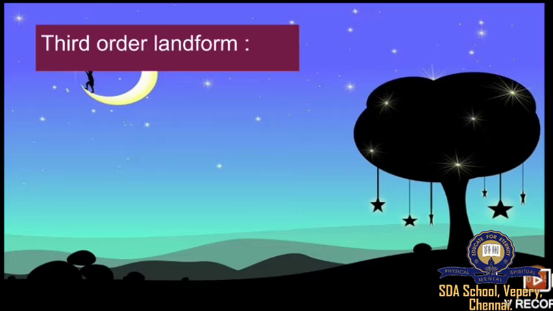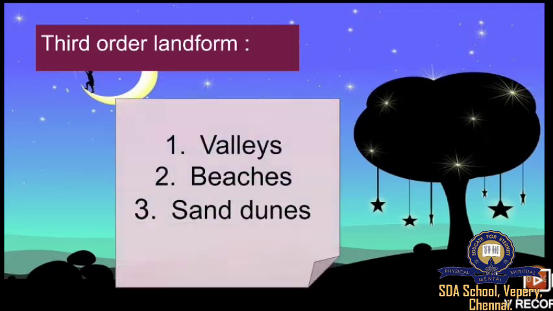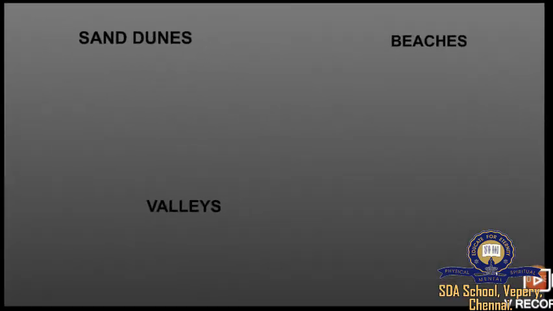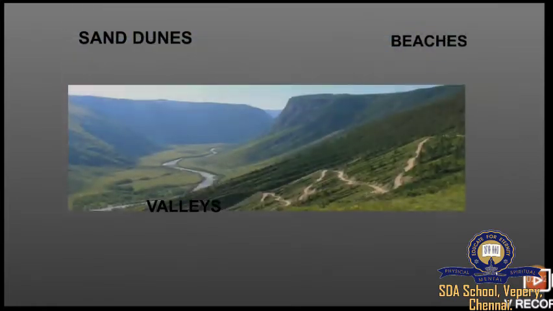Third order landforms. What are third order landforms? They are valleys, beaches and sand dunes. So what are valleys, beaches and sand dunes?